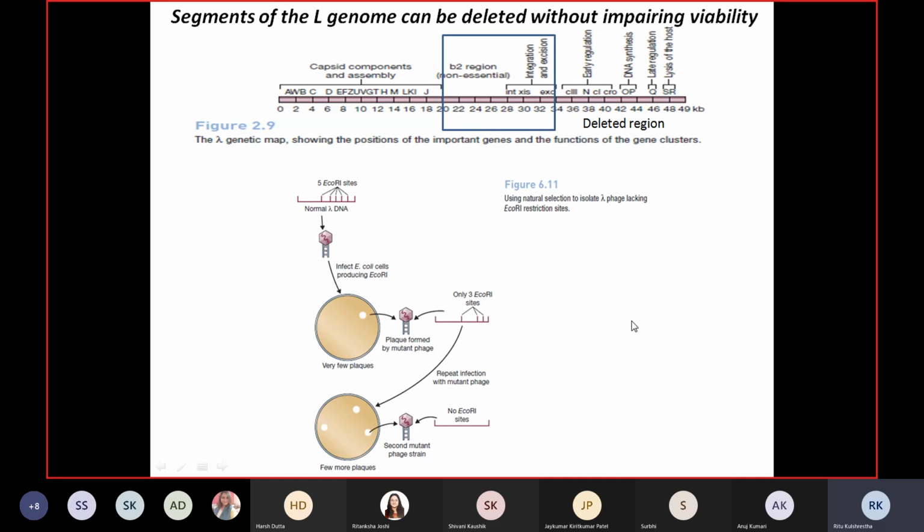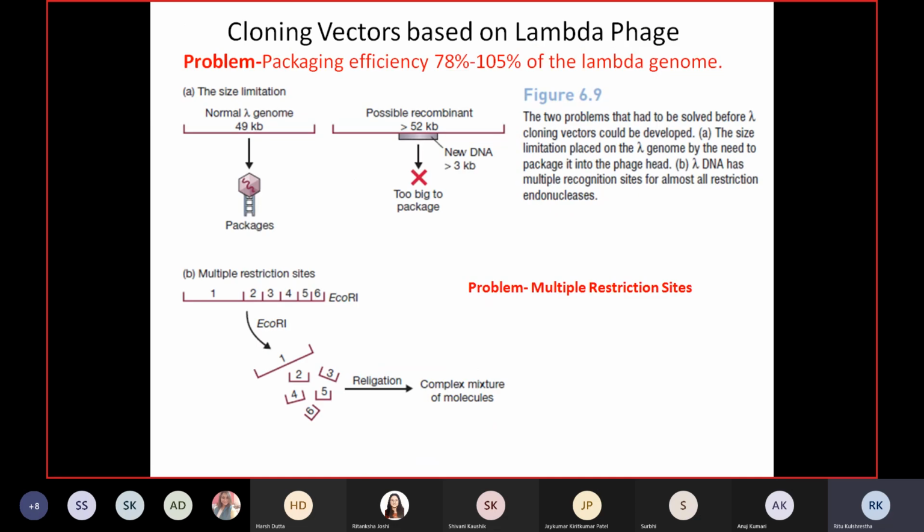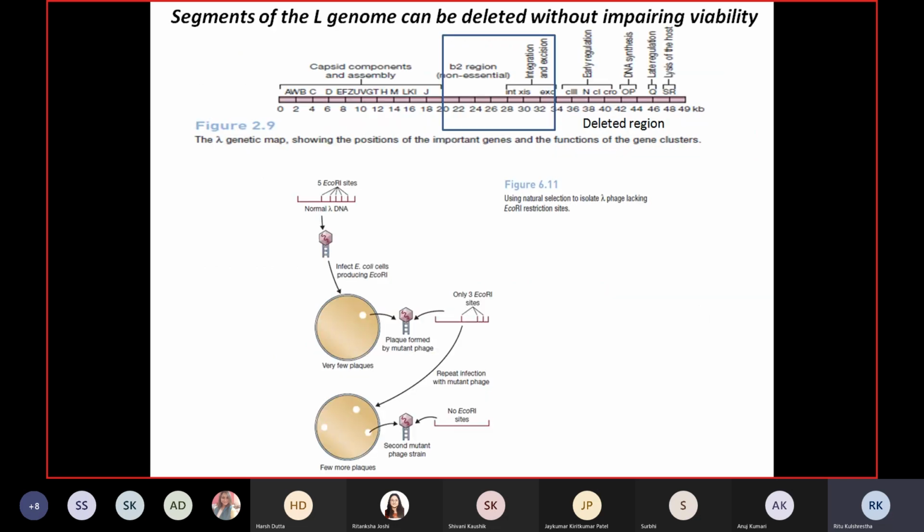So now my cloning capacity of the lambda phage, if I remove the non-essential part, would be around 10 or let's say 13 kb, because ultimately 52 kb can be packaged inside a phage head.